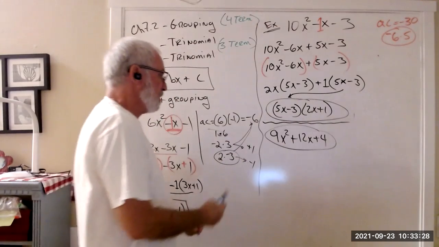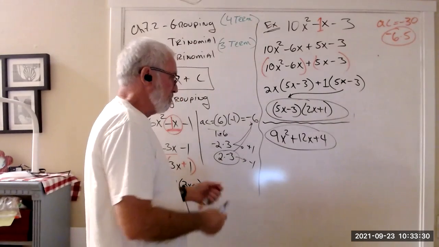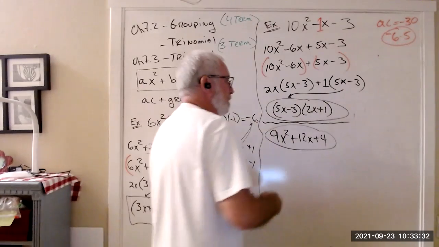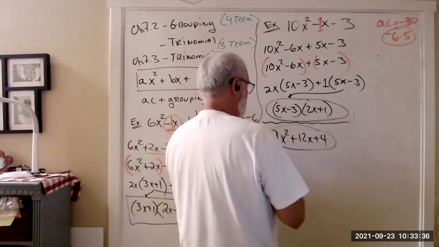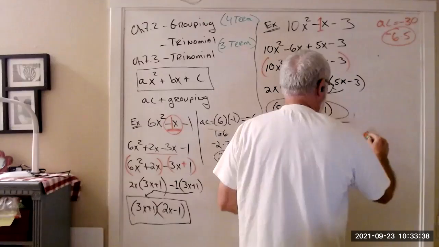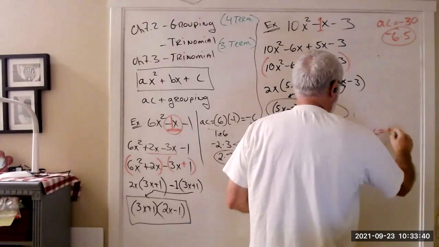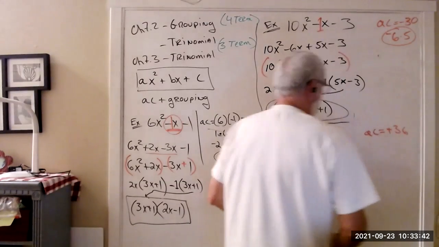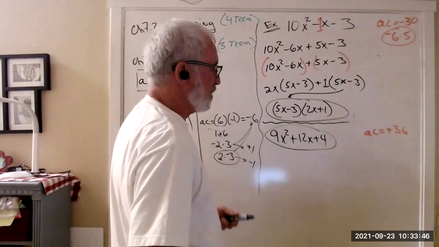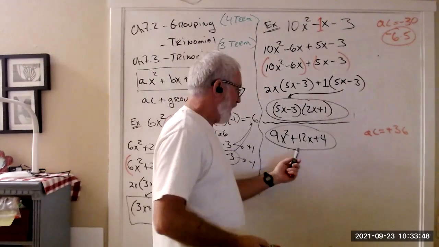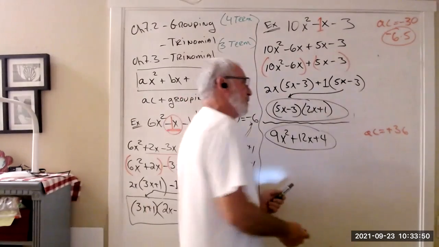Okay. Let me move to this one. Let's see. In this one, AC is positive 36. Okay. So I want what times what makes 36 and adds to a positive 12.